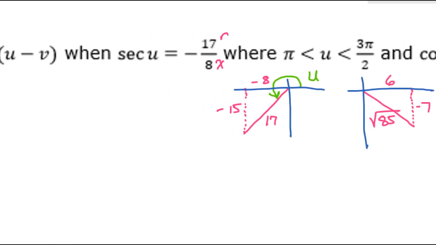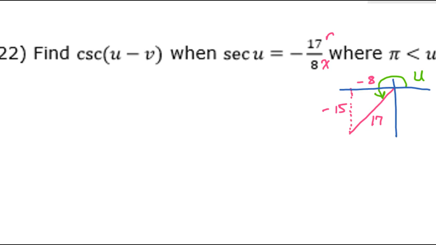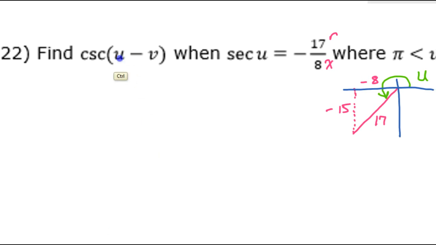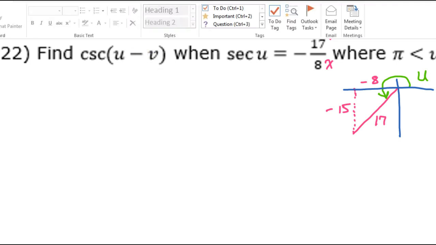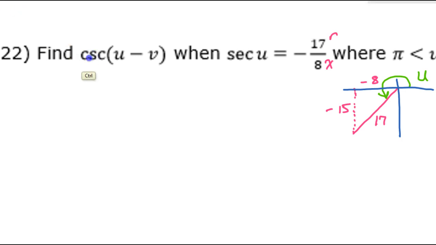All right. Now, ultimately, we're supposed to find the cosecant of u minus v. So, cosecant, I don't know about that. I know that cosecant is the reciprocal of the sine function. So I think I will start off by finding the sine of u minus v.